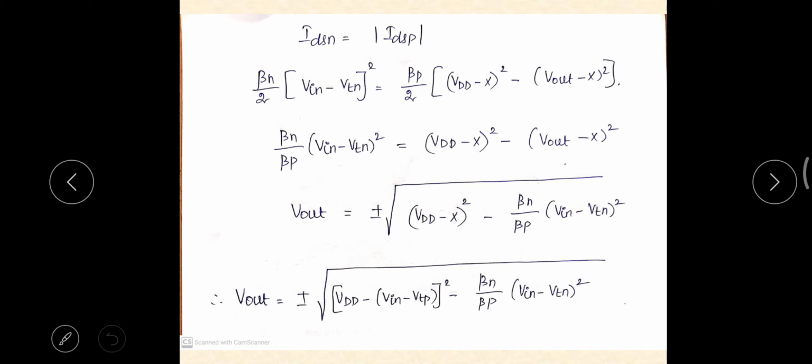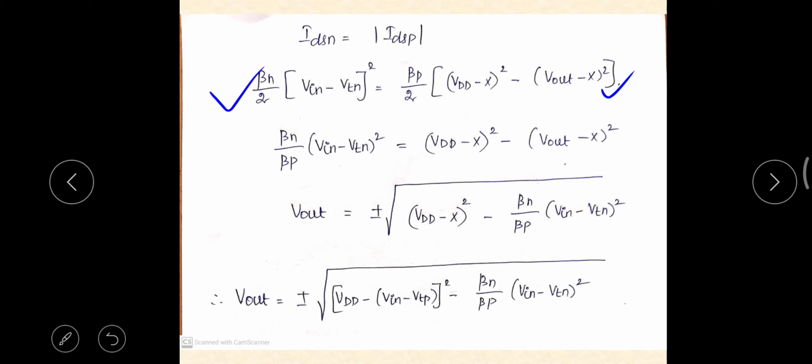So this is IDSN expression which we derived in the previous slide, and this is the IDSP expression. Our objective of this derivation is to derive the Vout value in terms of Vin. Now we can group Vout separately, and the terms which are not Vout you can group separately. Then you can keep Vout at the left side and other terms at the right side.